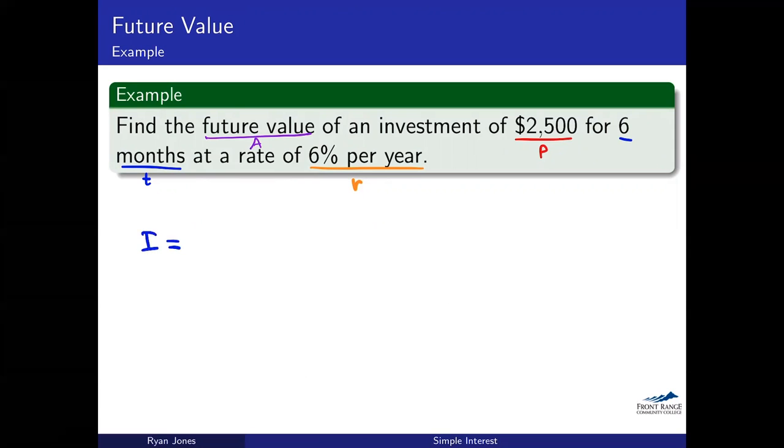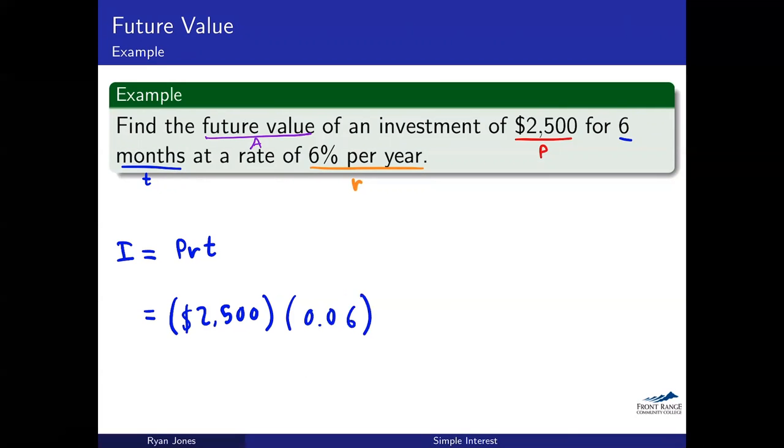The interest I is going to be PRT, which is going to end up looking like this. P will be 2,500. Again, let's put some units on this, $. R is going to be 6%, which I could write as 0.06 instead. And then here's where we want to be careful, the time. This is something I haven't mentioned yet, but I'll mention it now that we're doing this example. This time has to be in years.